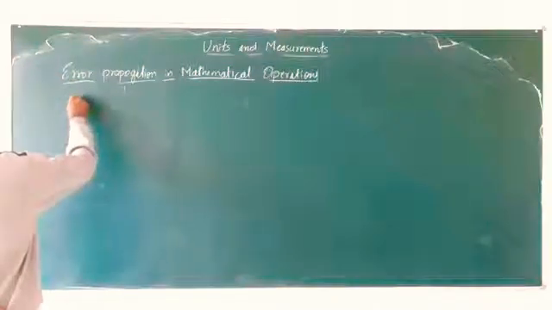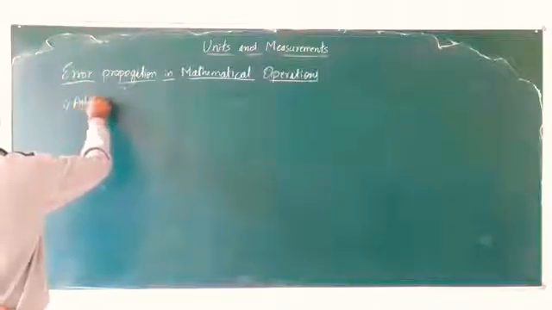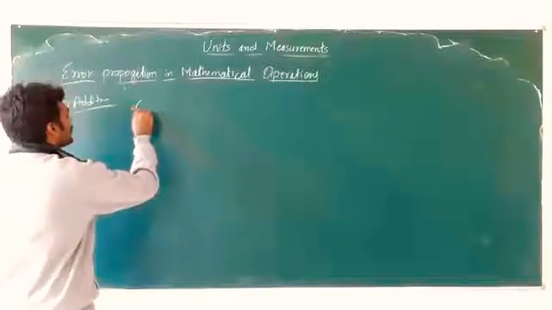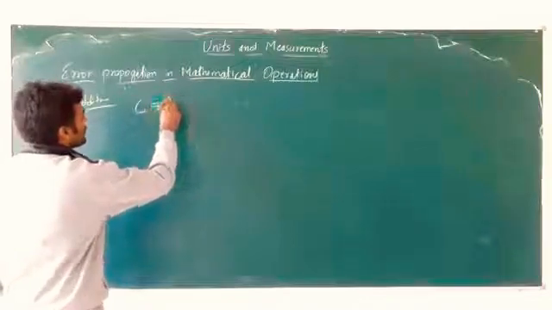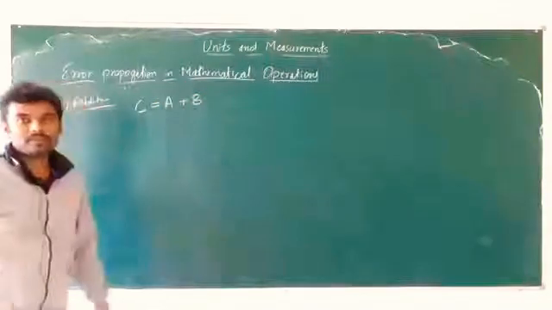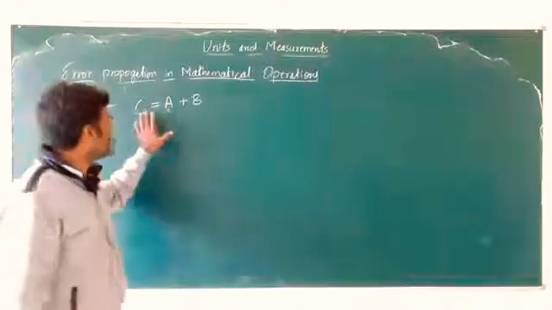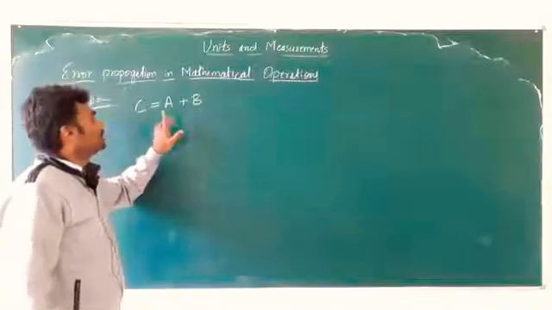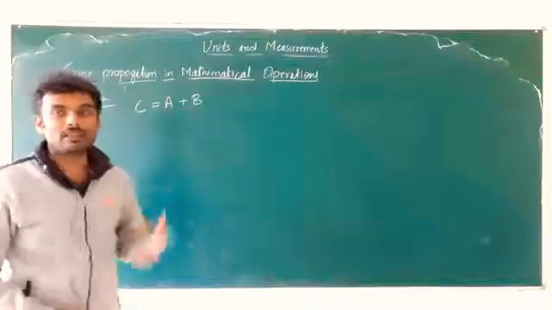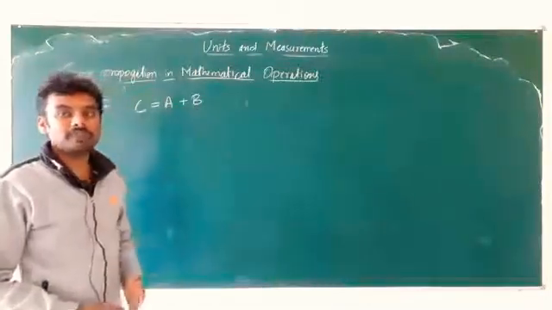The first operation that I'm going to consider is addition. So consider that I have a quantity C which is equal to the sum of two quantities A and B, and now I am going to measure A and B separately, individually.